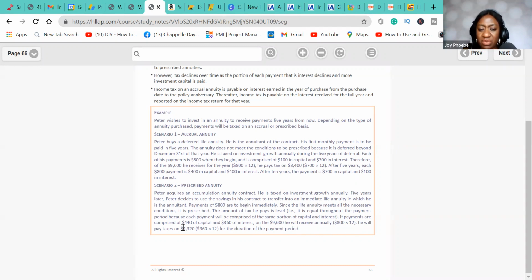If the payment comprises 440 of capital and 360 of interest, on the 9,600 he will receive annually, the 800 times 12, he will pay taxes on 4,320, which is 360 times 12, for the duration of the payment period.